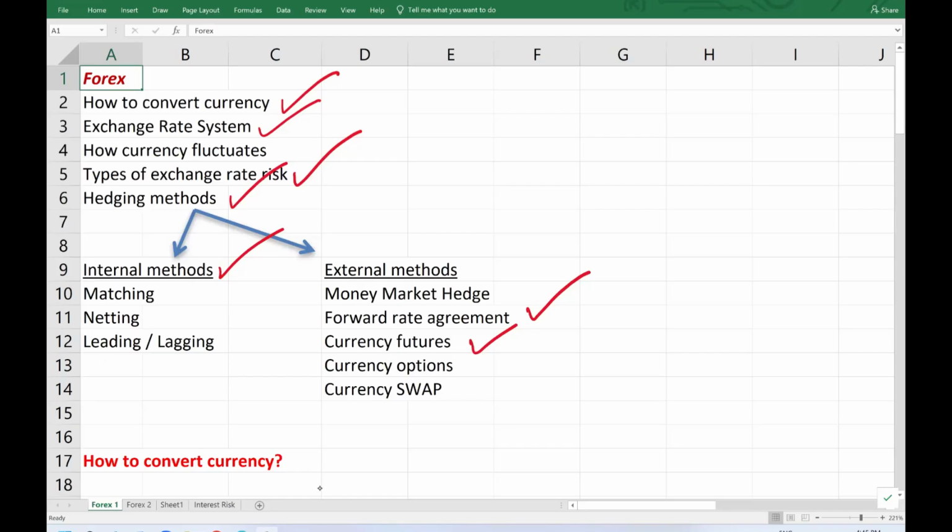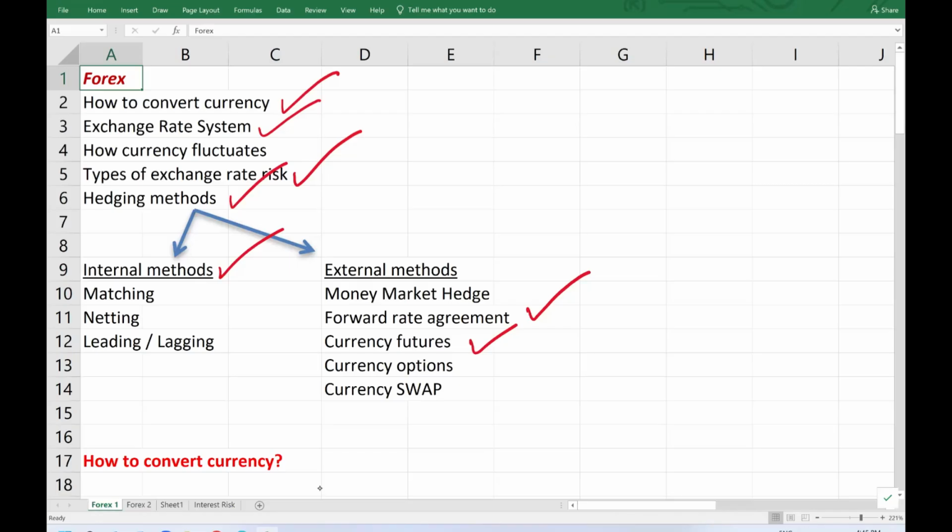It's a one-to-one contract between you and the bank. But a currency future is a contract between you and the forex market. It's a big platform, so you can also make the contract with the forex market.